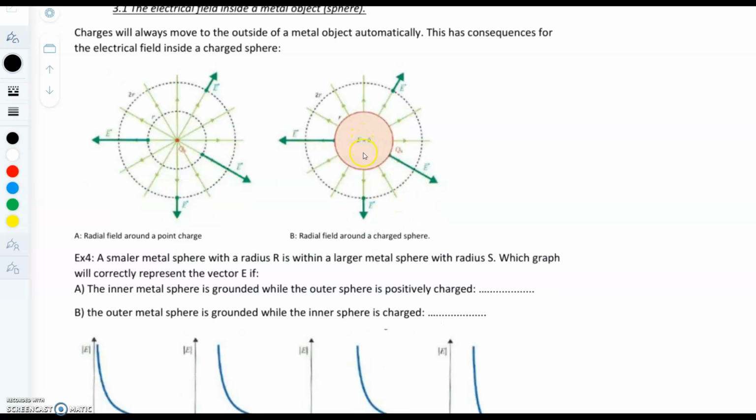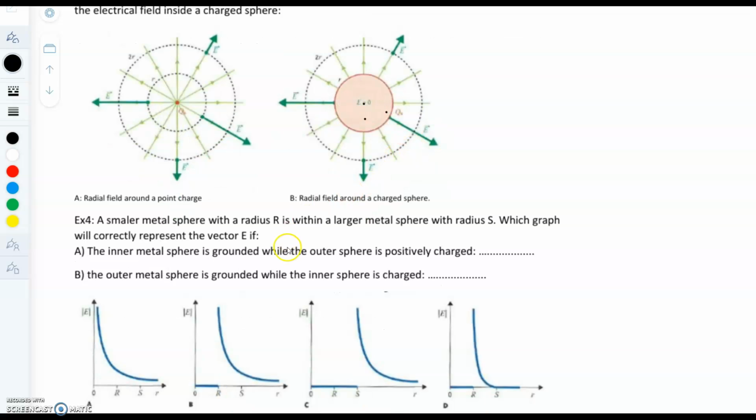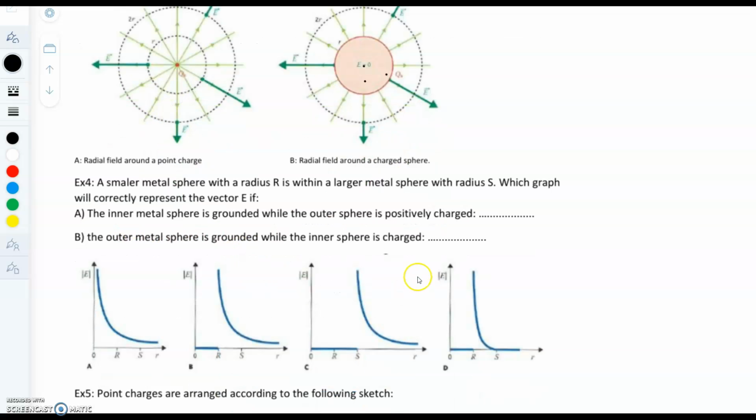Which means that no matter if you place your point P here to the side or dead center, there will always be no electric field around it. It only starts and will be at its max on the surface of that sphere, right? Which leads us to the next exercise, which graph will be correct given these situations.